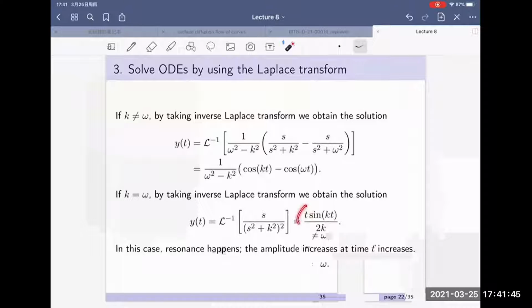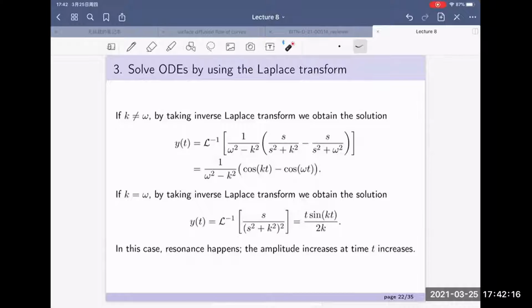With an extra t, it's not a bounded function, because when t increases, the amplitude increases. The amplitude increases, and then the string will be destroyed. This is called resonance.